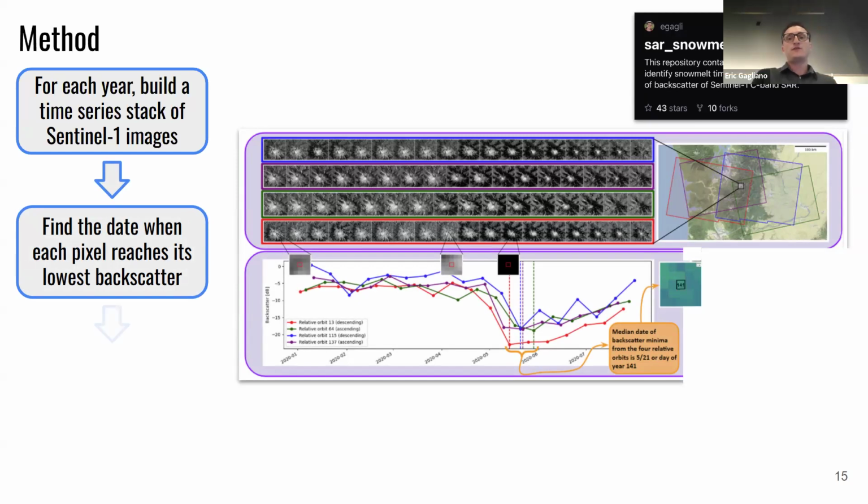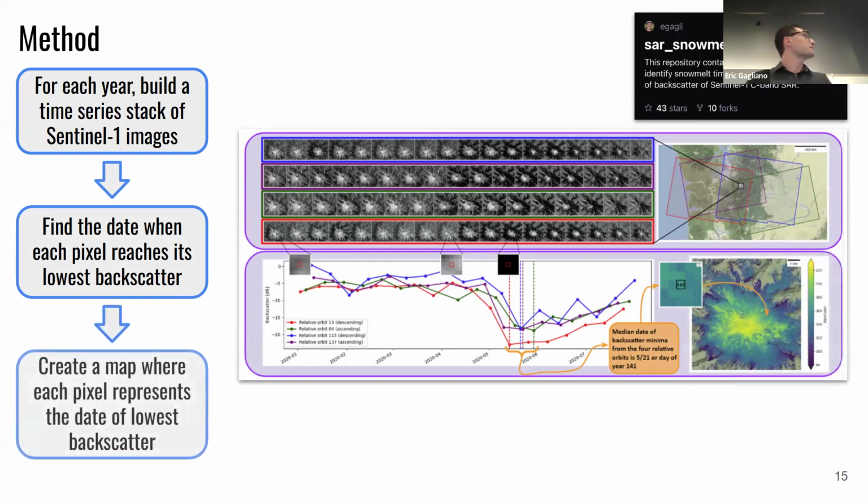And then from those dashed vertical lines, we take the median of those dates, and that corresponds to April 25th, for example. And when we combine the estimates of different orbits, that helps us increase our accuracy as well as our temporal resolution, because each one of these images is spaced about 6 days apart.